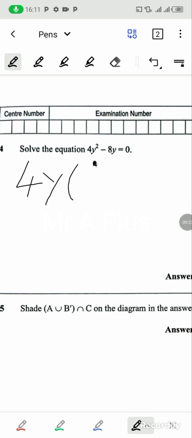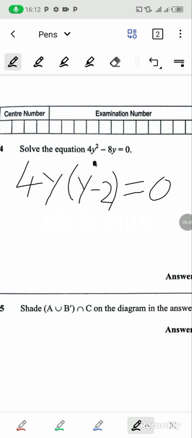So 4y into 4y squared, the answer is y. Then 4y into negative 8y, the answer is going to be 2. Then equals 0. We don't need to forget the equals that we have.